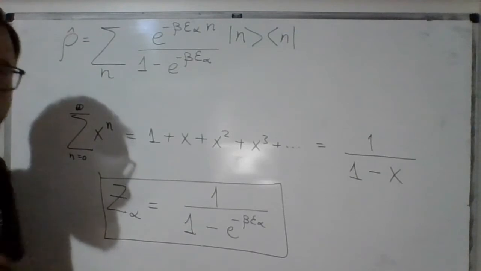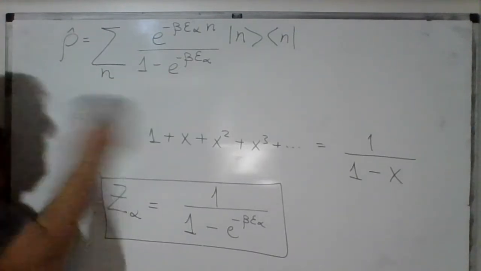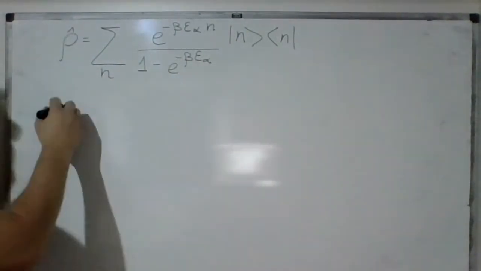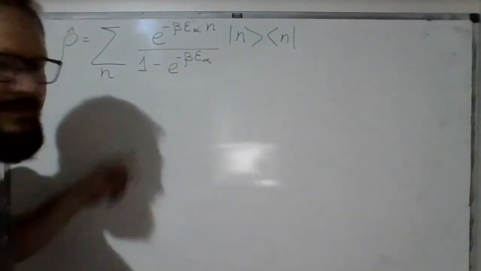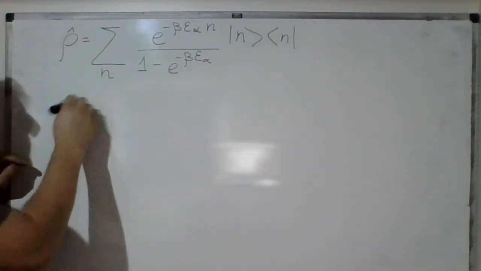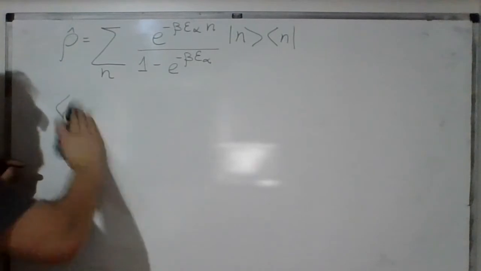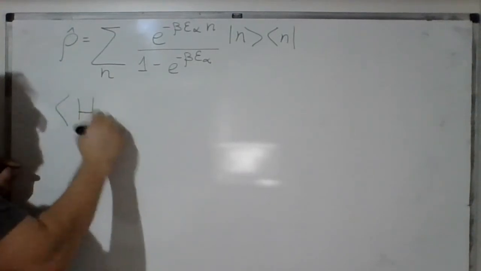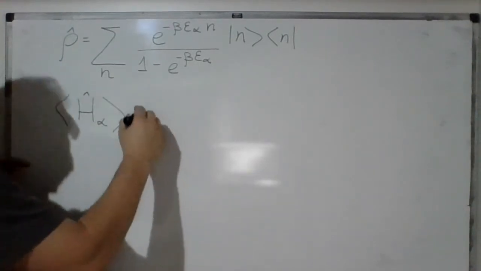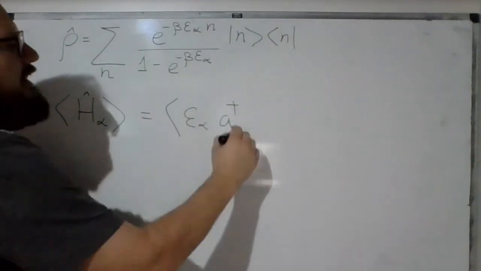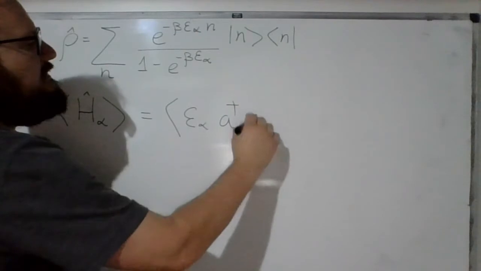Now, let us calculate the average occupation number. Remember that the energy average, suppose there is the Hamiltonian of the alpha state, is the average of this operator, A dagger alpha, A alpha.